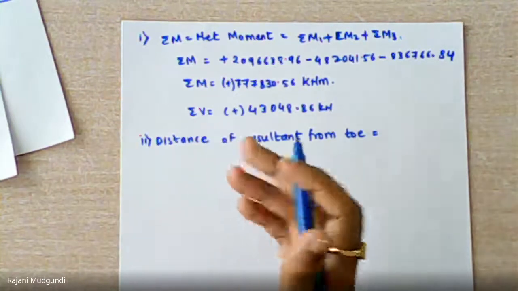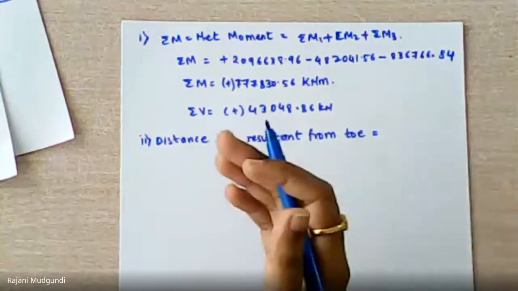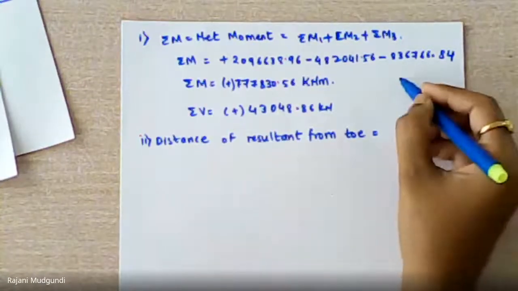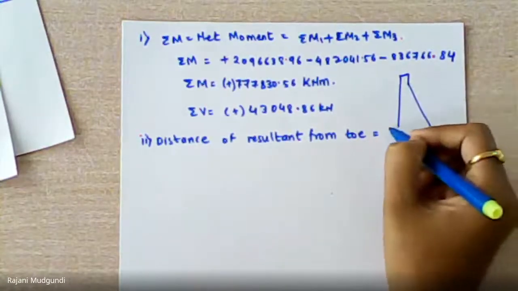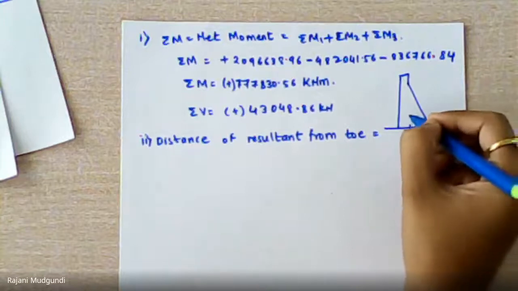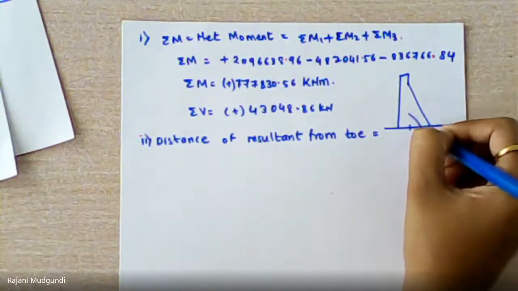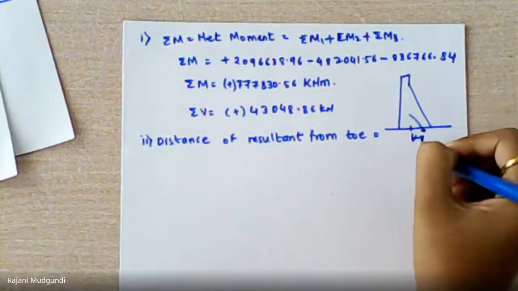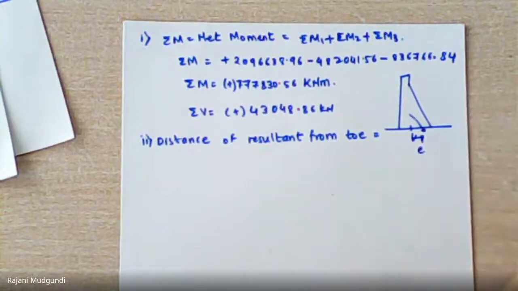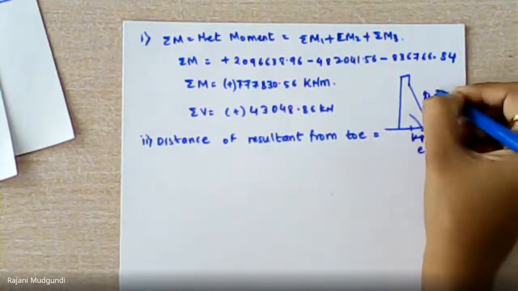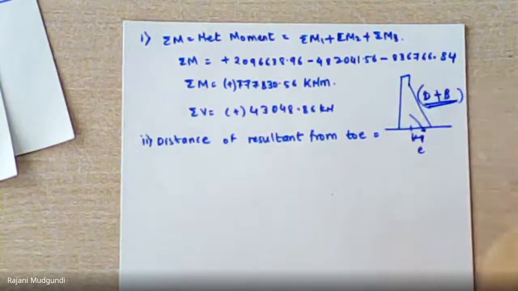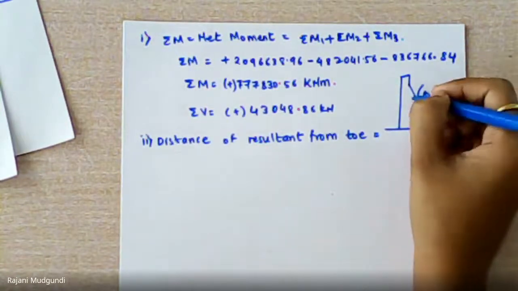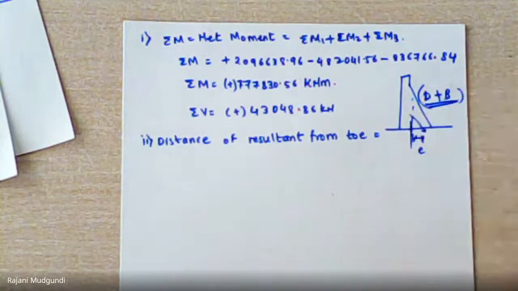Otherwise, if the resultant is acting somewhere other than the center line of the base, it will have some eccentricity in its line of action. Therefore, it will induce direct plus bending stresses, right? If the resultant passes directly through the middle of the base, it will only induce direct stress.